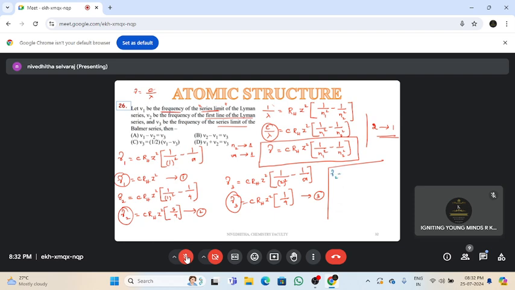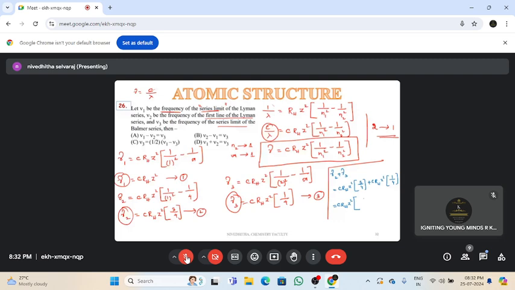Nu 2 plus nu 3, which is nothing but C Rydberg constant Z square into 3 by 4 plus C Rydberg constant Z square into 1 by 4. In these two terms, C Rydberg constant Z square were common.